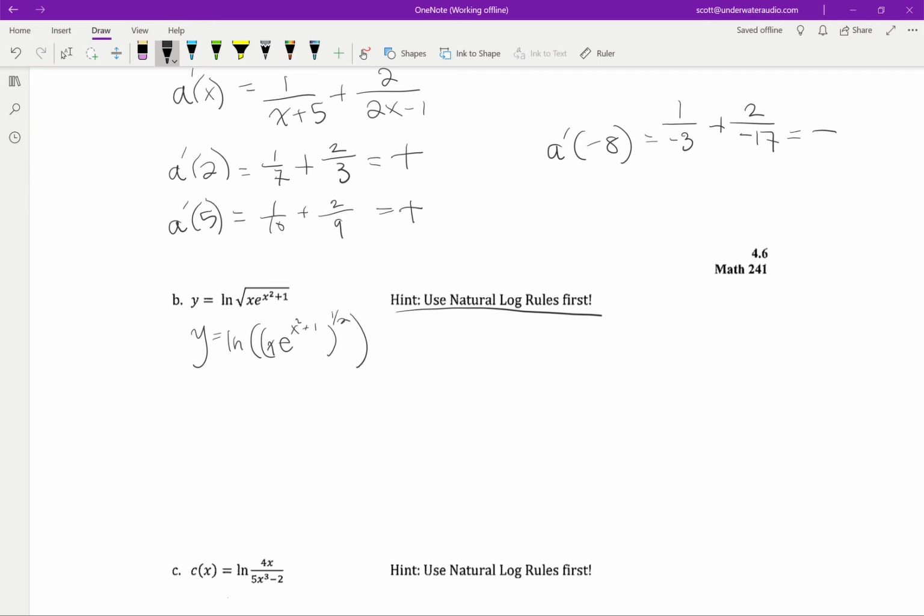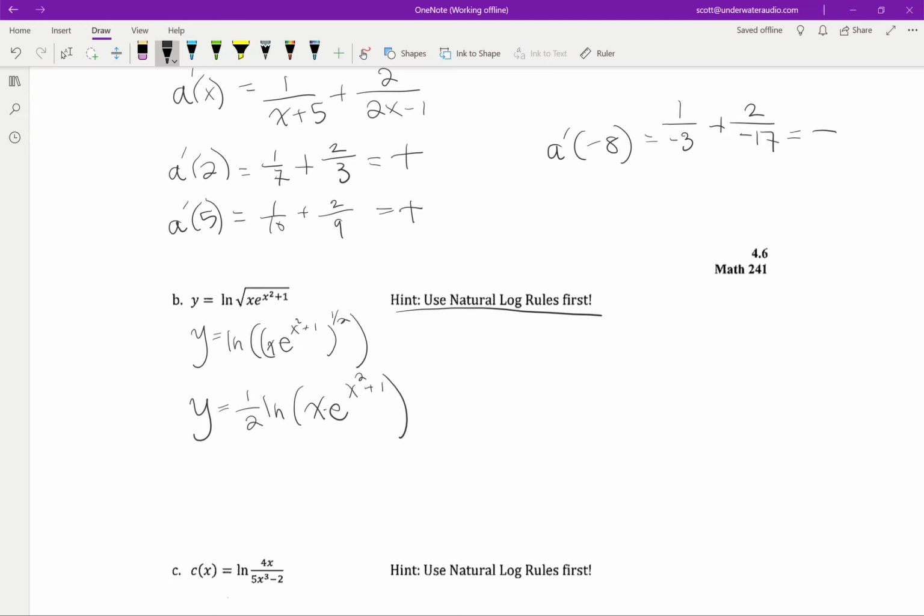And the beauty in doing that is I actually can take the 1/2 out and rewrite this as 1/2 natural log of x e to the x squared plus 1. And that's definitely better because I was going to have to do the chain rule or something with the square root. And actually, I think we could even go farther than this.